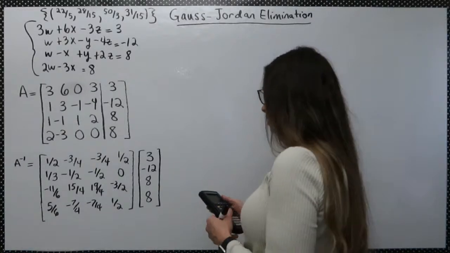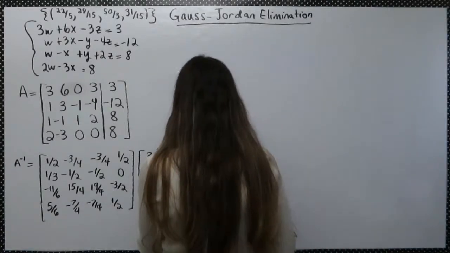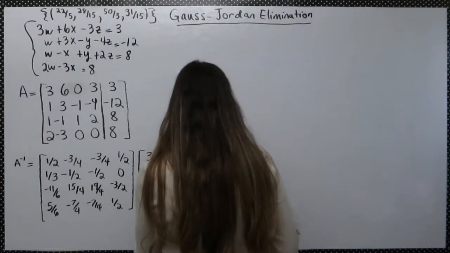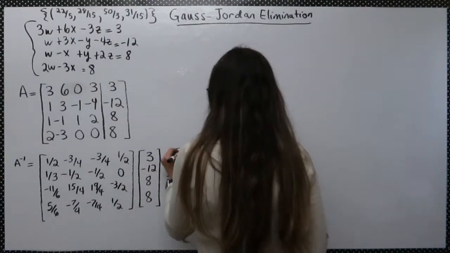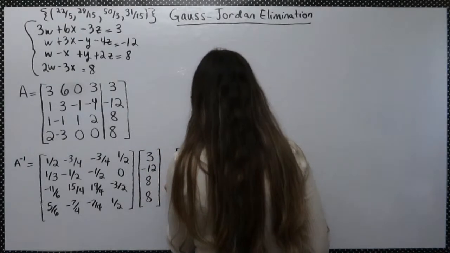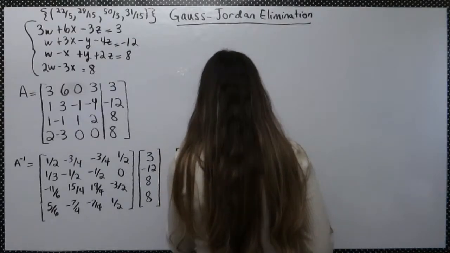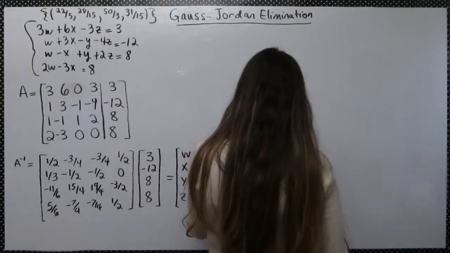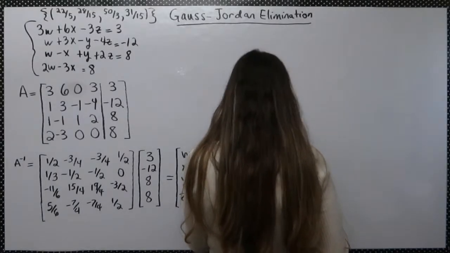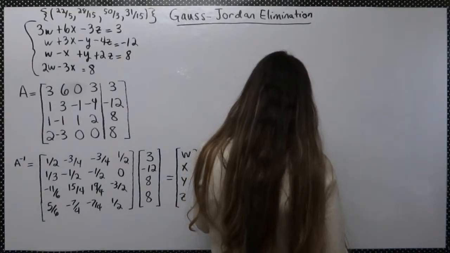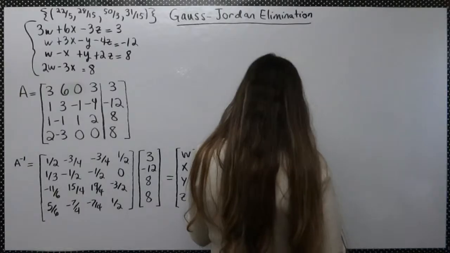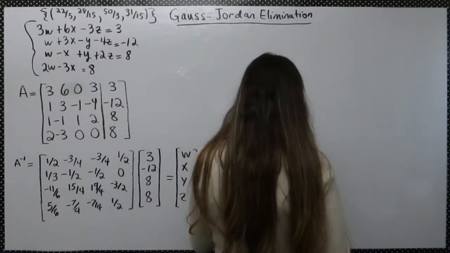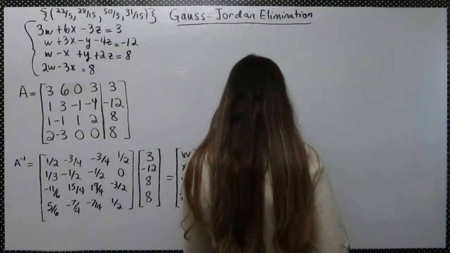Okay, so it says that this will be W, X, Y, Z. The solution should be 17 divided by 2, 3, -49 divided by 2, and 27 divided by 2.